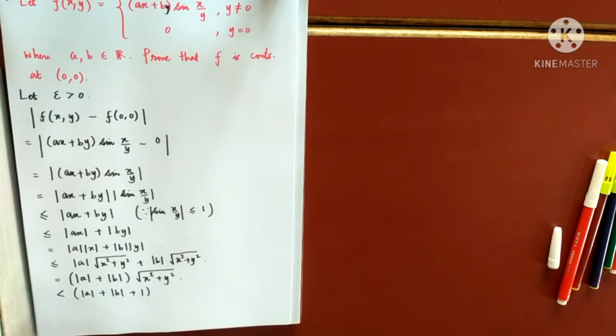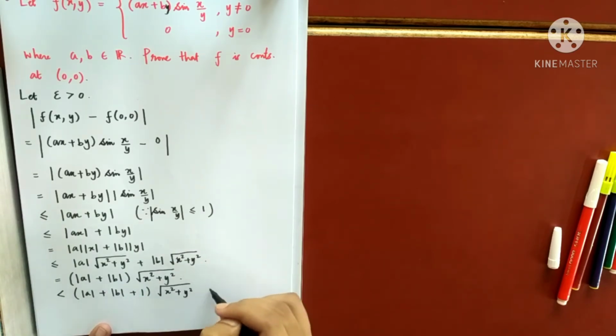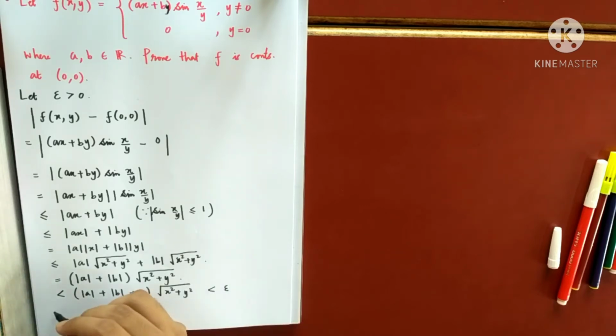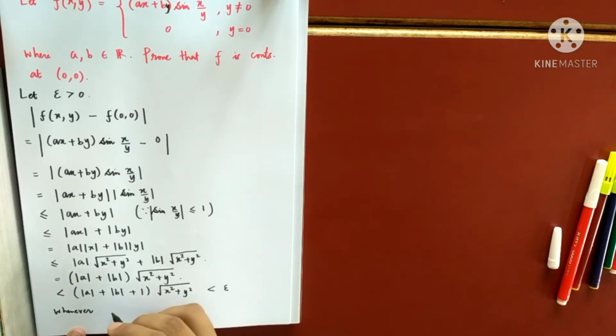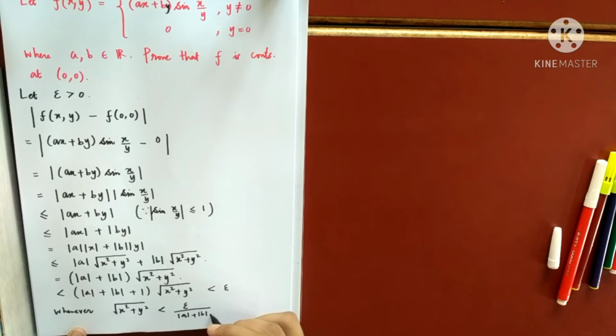I'll add this 1. This is definitely less than this. So this is less than epsilon whenever this quantity is less than epsilon by (mod a plus mod b plus 1). I'll call this delta, or delta square, suppose. Understood or no?